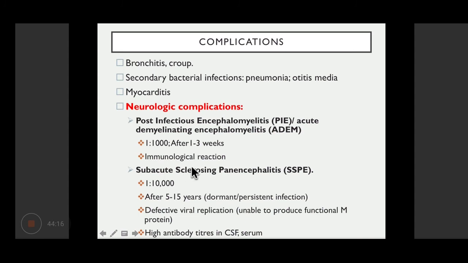The second one is SSPE, that is subacute sclerosing panencephalitis. It is even rarer, and it occurs 5 to 15 years after the infection, mainly because of defective viral replication, which is unable to produce functional M protein. So the virus remains latent for a very long period. There are very high antibody titers in the CSF and serum. These are the two important neurological complications of measles virus, ADEM and SSPE.